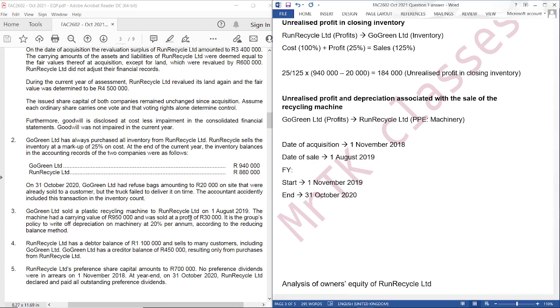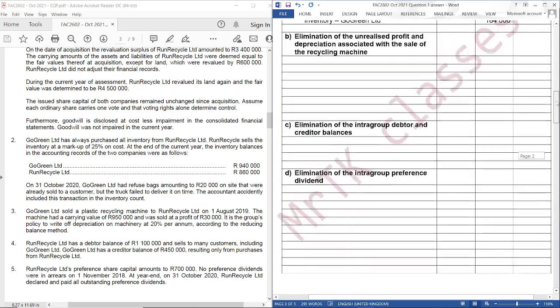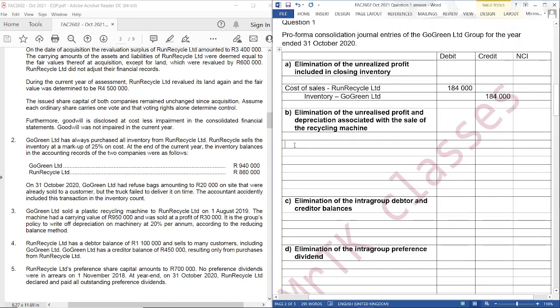So the profit of 30,000 is in the retained earnings account, because we know that all the profits that the business calculated before the beginning of the financial year are in the retained earnings account. So we need to eliminate this 30,000 because it is unrealized profit. We debit retained earnings account 30,000.